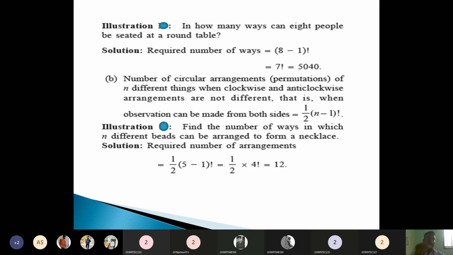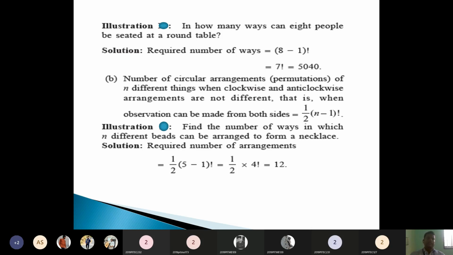Here clockwise and anti-clockwise arrangements are not different. In the chain, when you change the position, whether clockwise or anti-clockwise, you don't get a different arrangement. You get the same arrangement, so you cannot mention them as different arrangements.